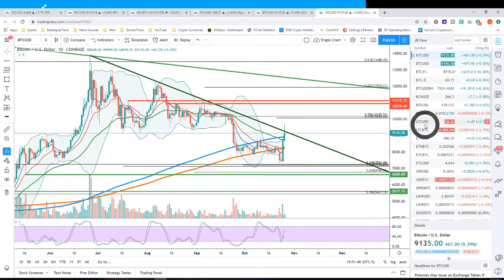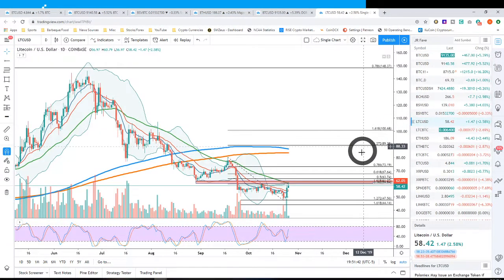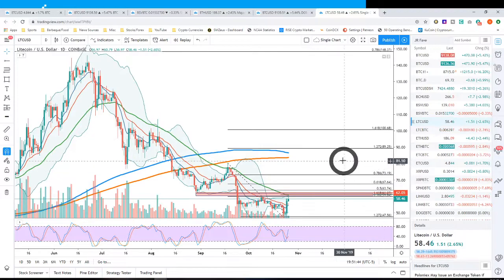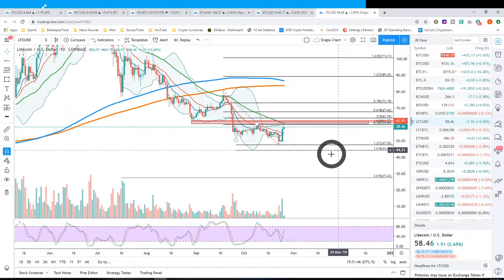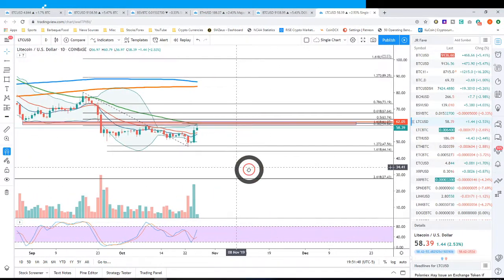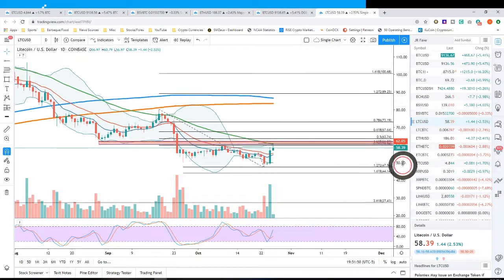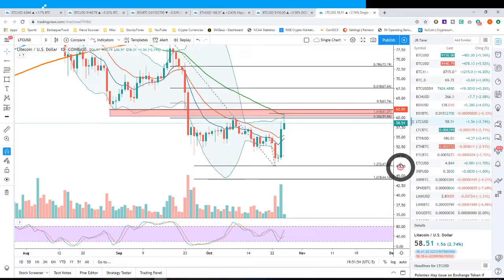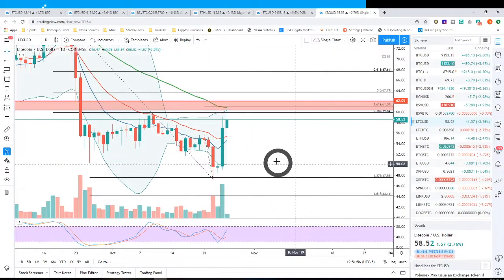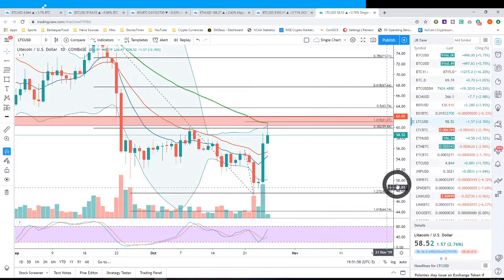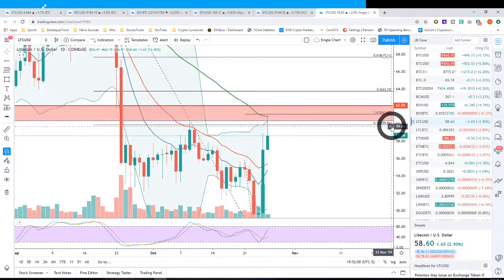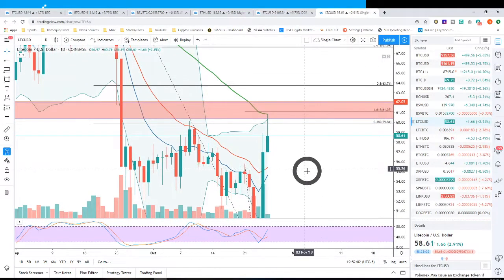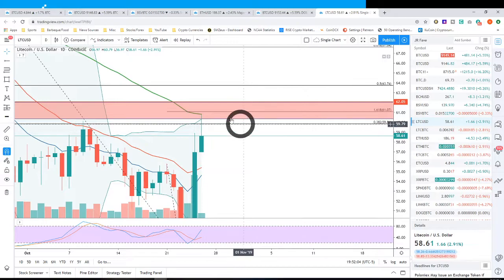Let's go look at Litecoin. Did Litecoin break 60? No, it did not. Okay, so Litecoin tested its resistance. Look at this, guys. Oh my God. You can't make this up, right? What did Litecoin hit? Look at this wick.